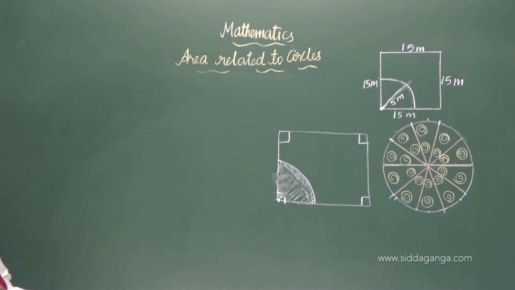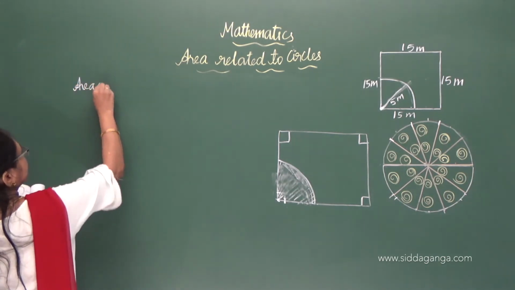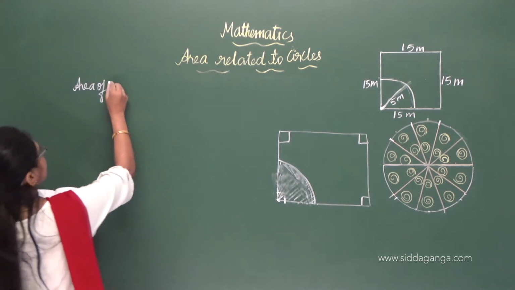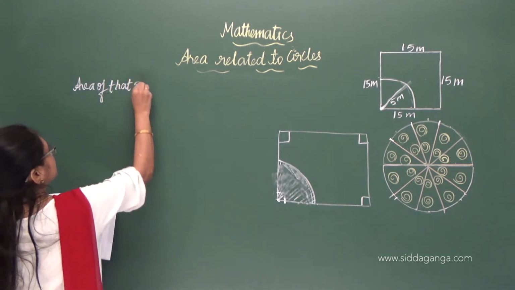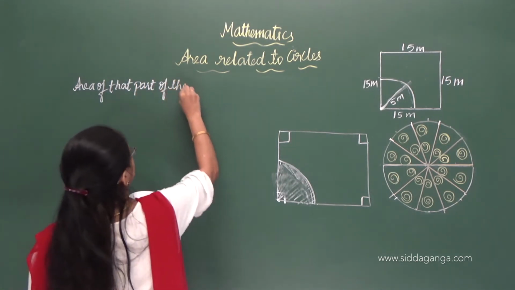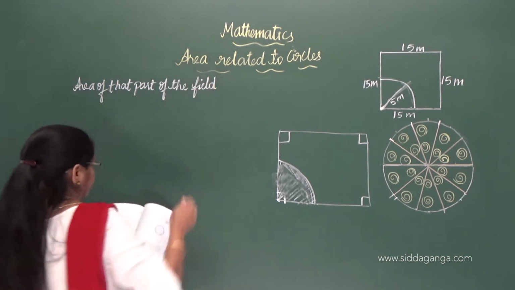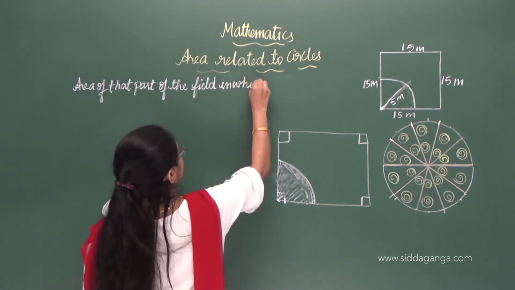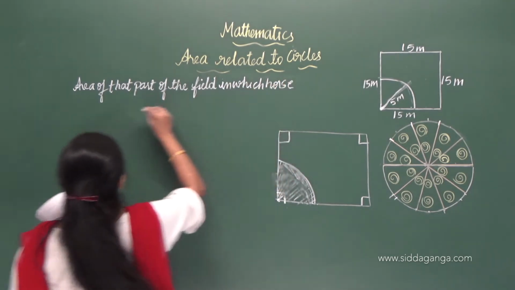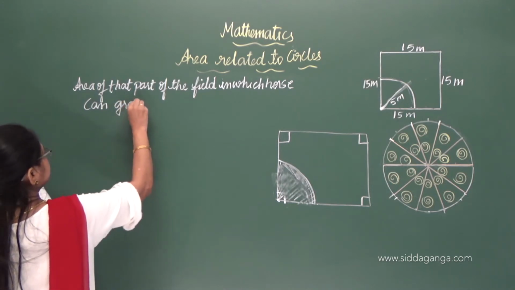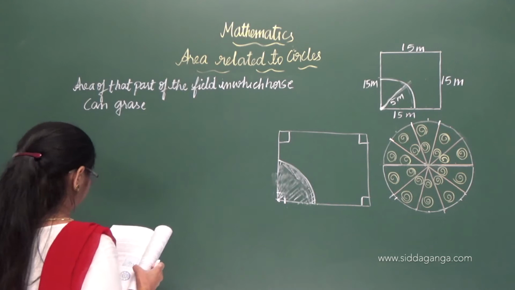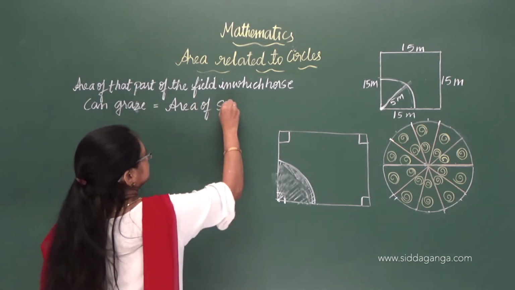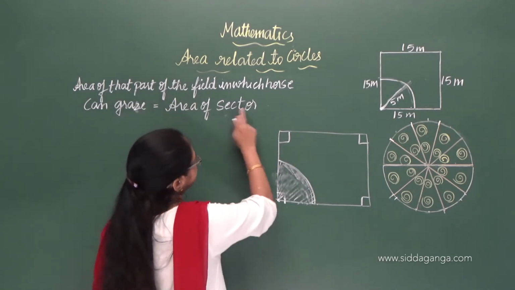Area of the sector, or you can write it as area of that part of the field in which the horse can graze, is equal to the area of the sector. Since you have shown it in the diagram, you can directly write area of sector.